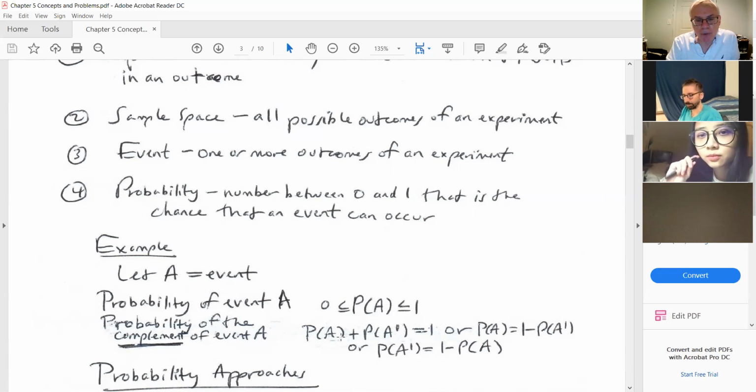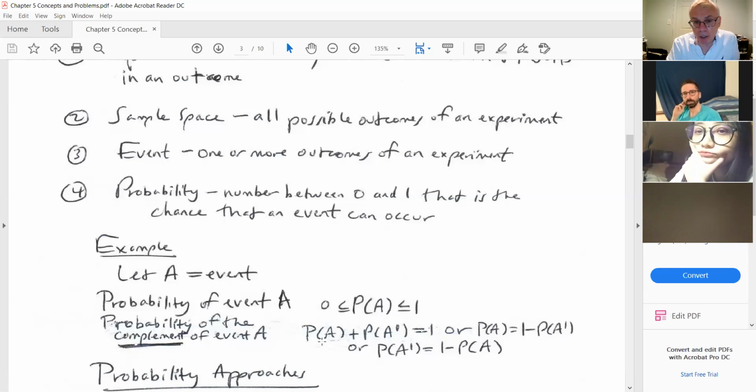So this is a true statement here. The probability of A plus the probability of not A is equal to 1. It's absolutely certain that the probability of A, whatever it might be, plus the probability of it not being A in that sample space, these two probabilities is the same thing as saying the probability of the sample space, which is always equal to 1.